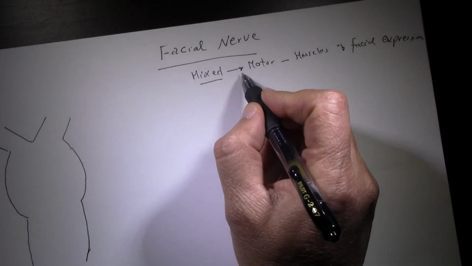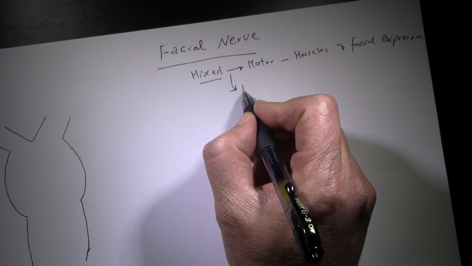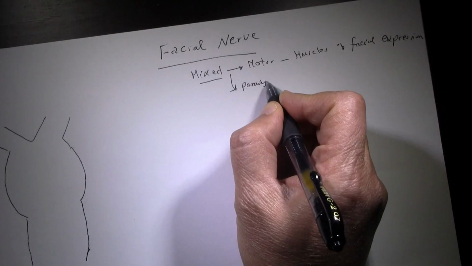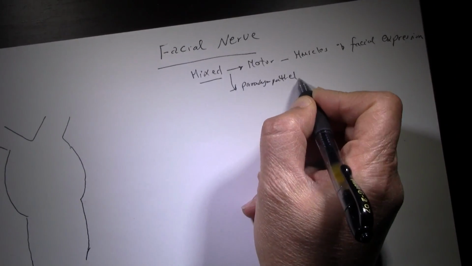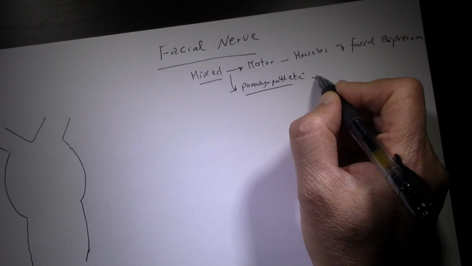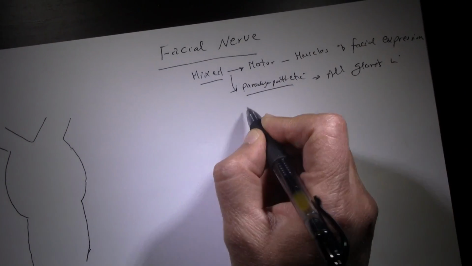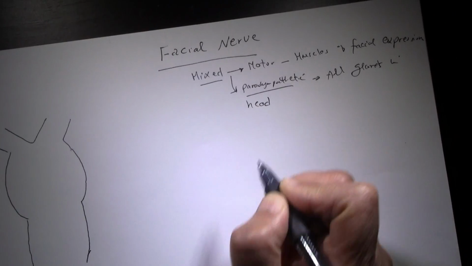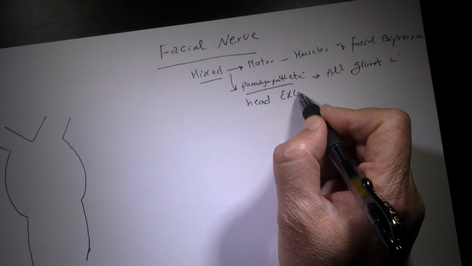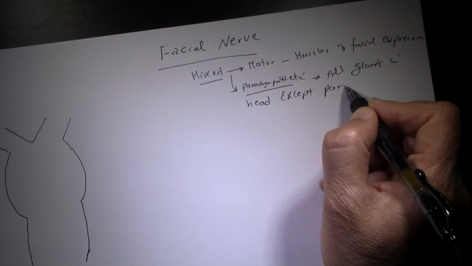It has parasympathetic fibers supplying all glands in the head except the parotid.